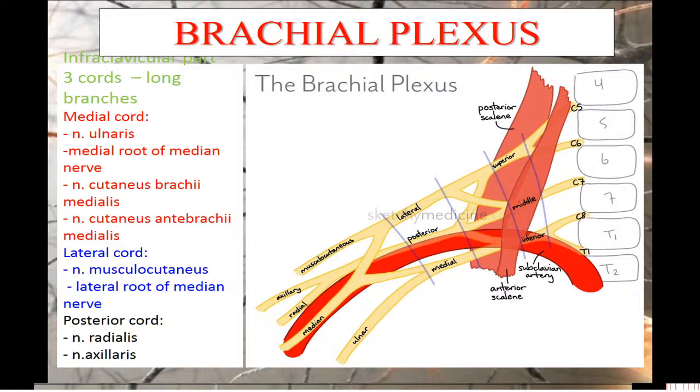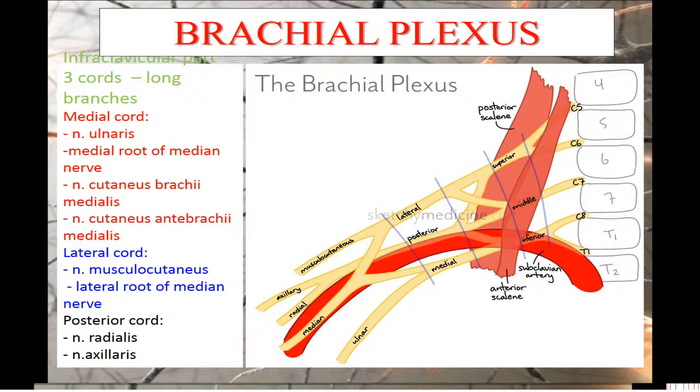All the other ventral surfaces of the fingers, meaning the ventral surface of the thumb, the ventral surface of the index and middle finger, and also the radial side of the ring finger, are supplied by the median nerve.